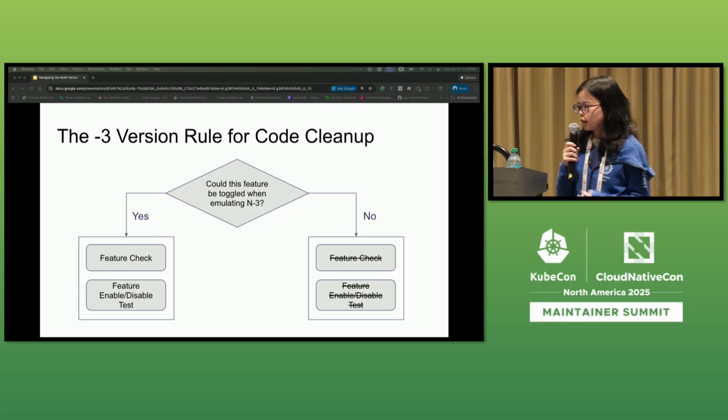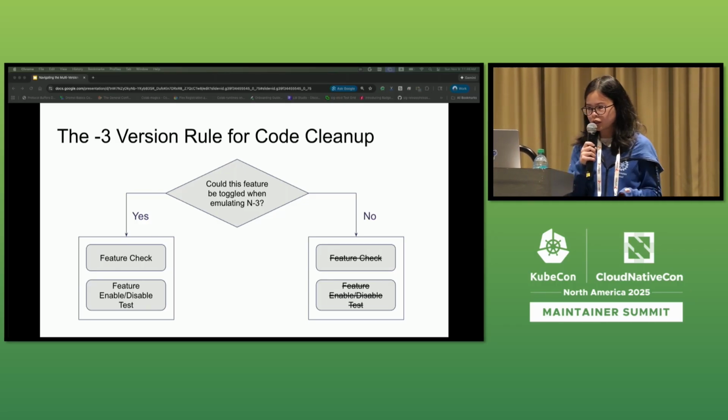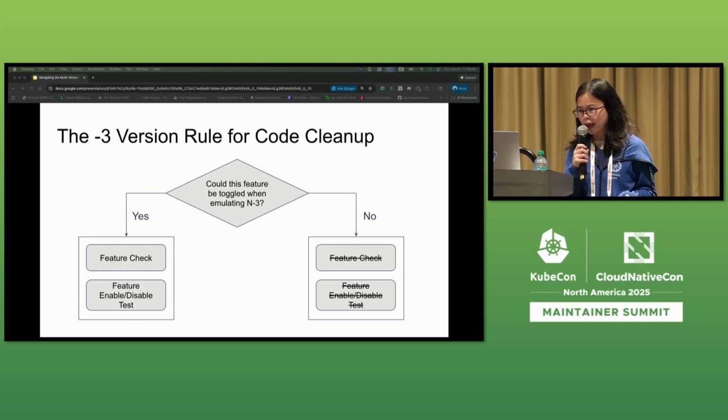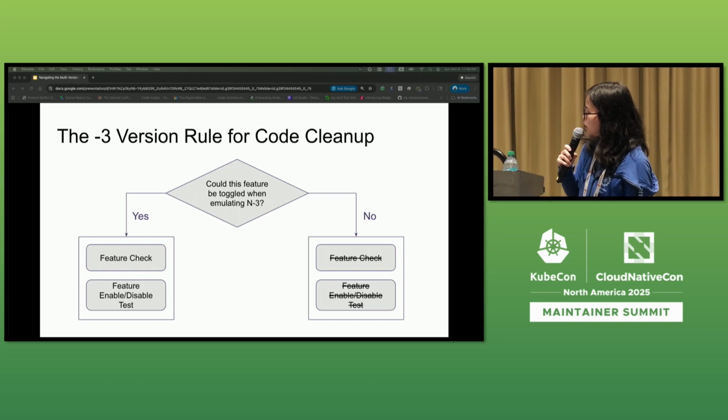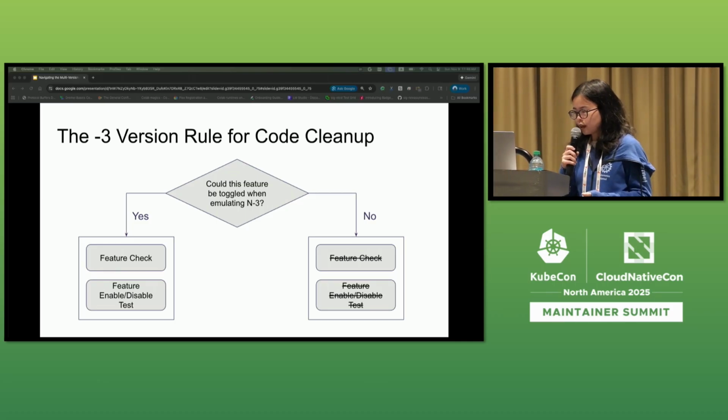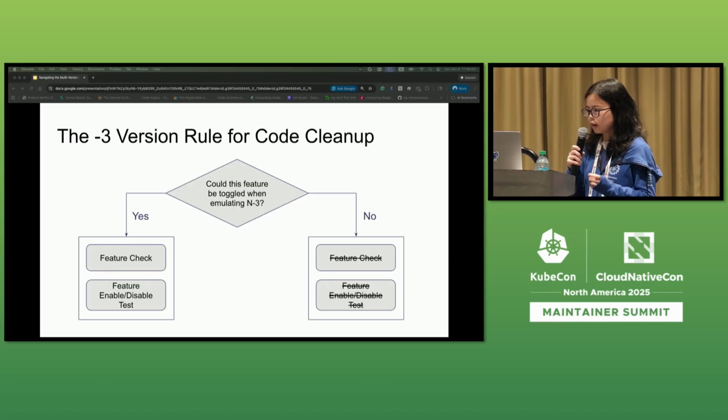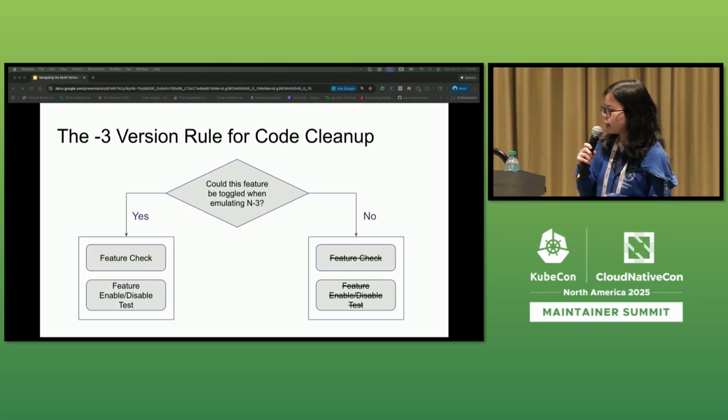So the question to ask is, can this feature be toggled 3 versions back? If yes, then it's not time to clean up the code yet. So basically, any feature that is graduating or deprecating can only be cleaned up after 3 versions.